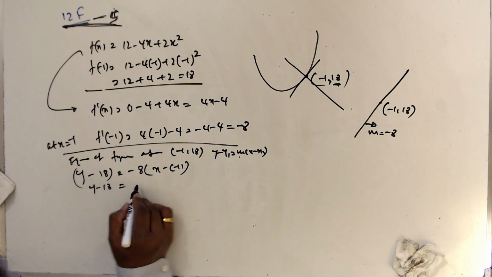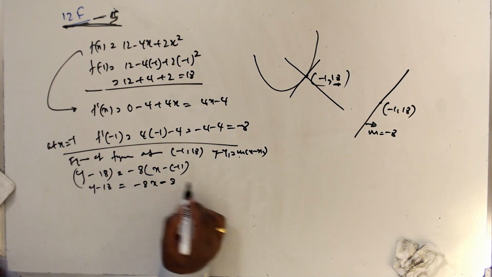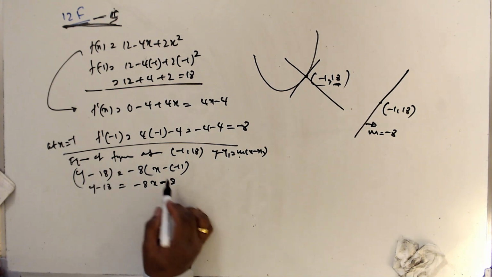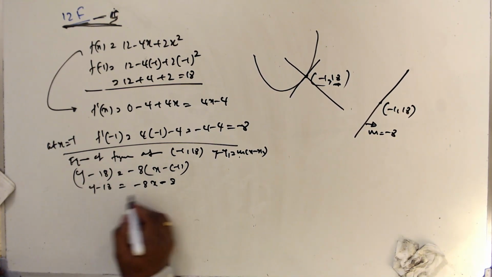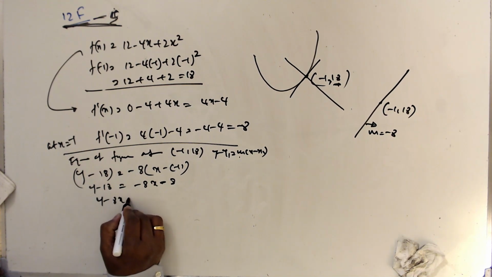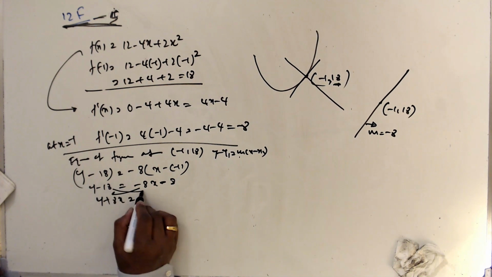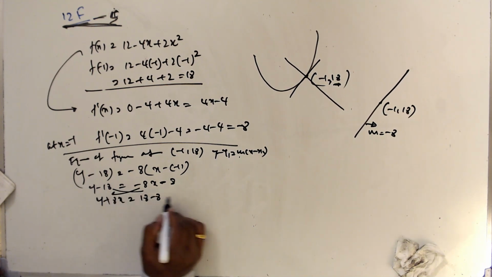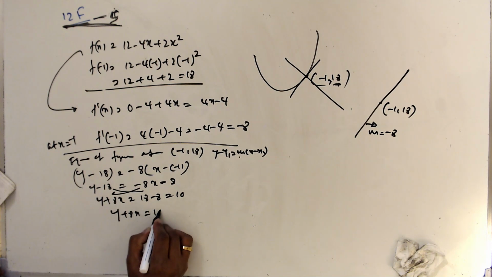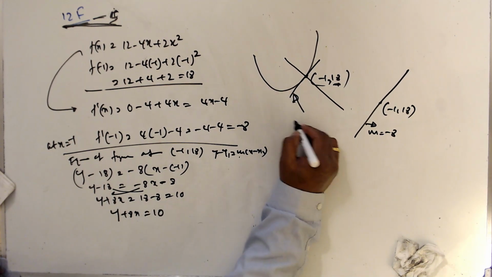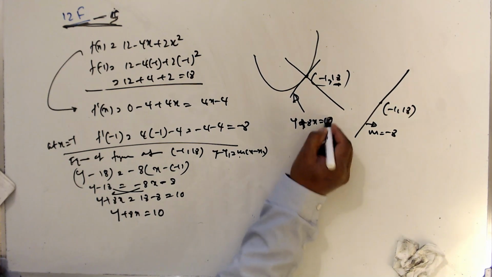Y minus 18 equal minus 8x minus 8. Minus times minus is plus, plus multiplied by minus is minus 8. So y plus 8x equal 18 minus 8, which is 10. So this is y plus 8x equal 10.